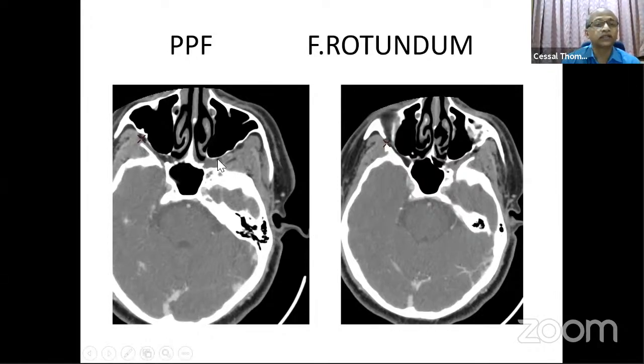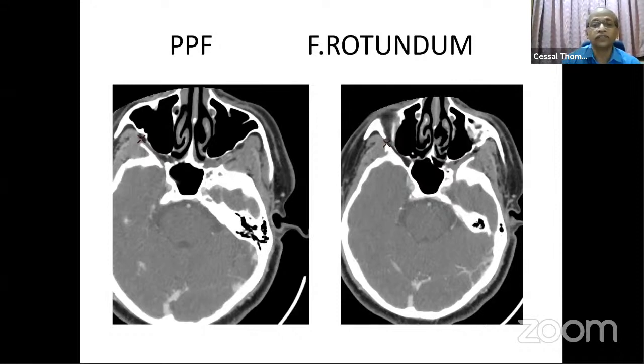This is the pterygopalatine fossa, and here it is widened, and there is a soft tissue structure which is enhancing. So I have to suspect perineural spread. And posteriorly I can see the foramen rotundum and the canal, which is also seen as a little widened.